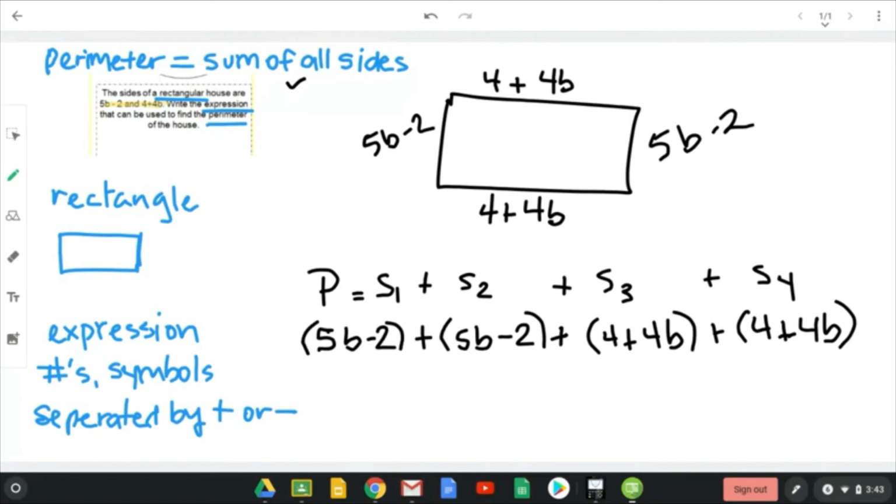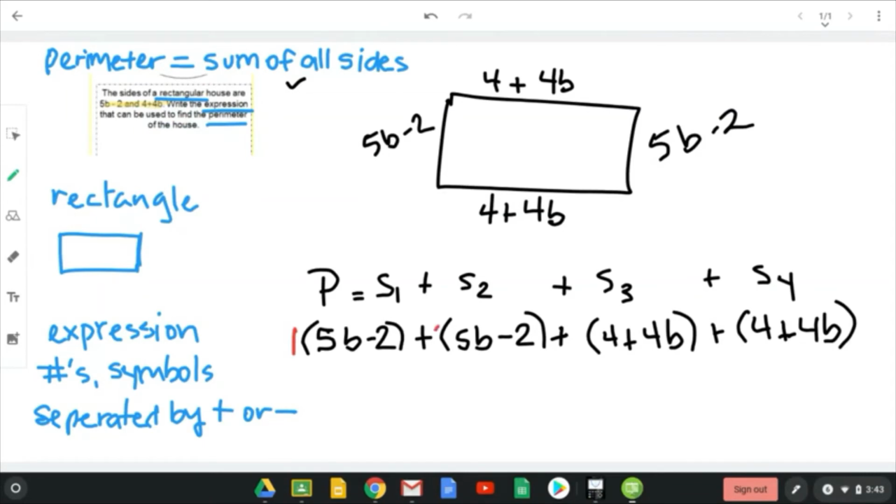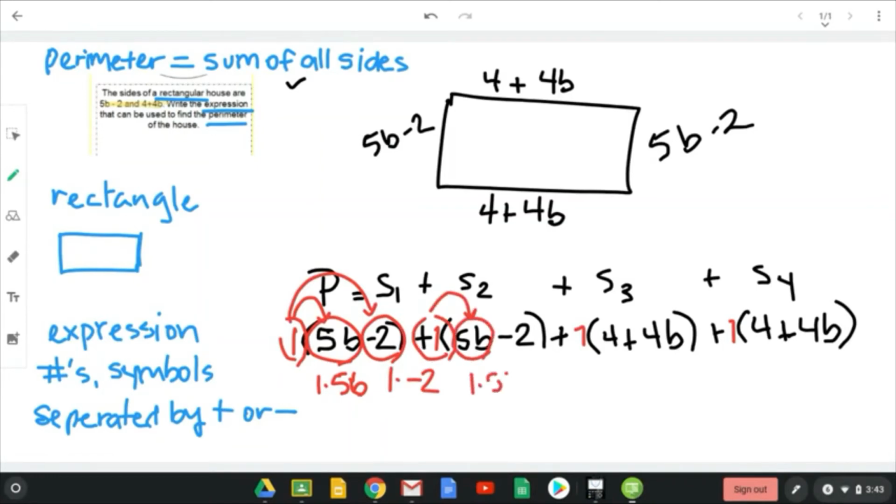Okay, now I'm going to apply the distributive property because I noticed there are parentheses. And remember, distribute means to multiply. I'm going to multiply 1 times 5b, 1 times negative 2, 1 times 5b, and 1 times negative 2.